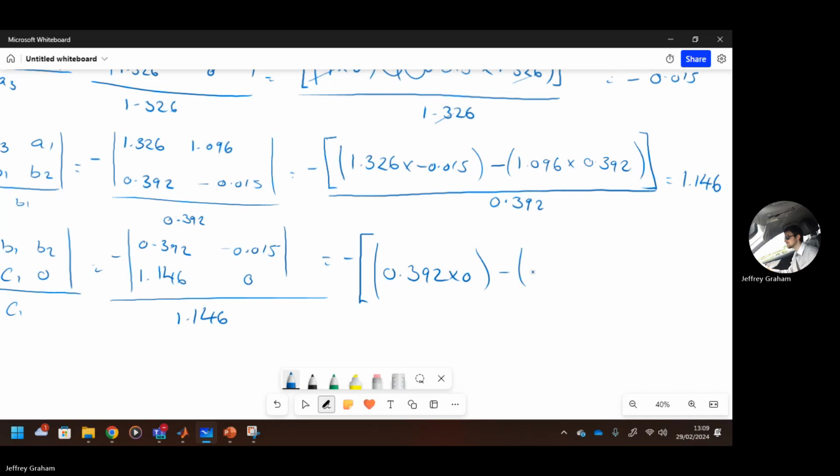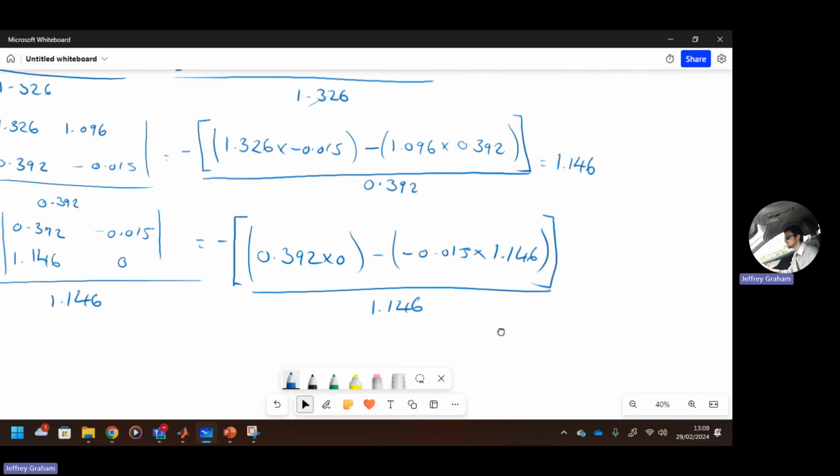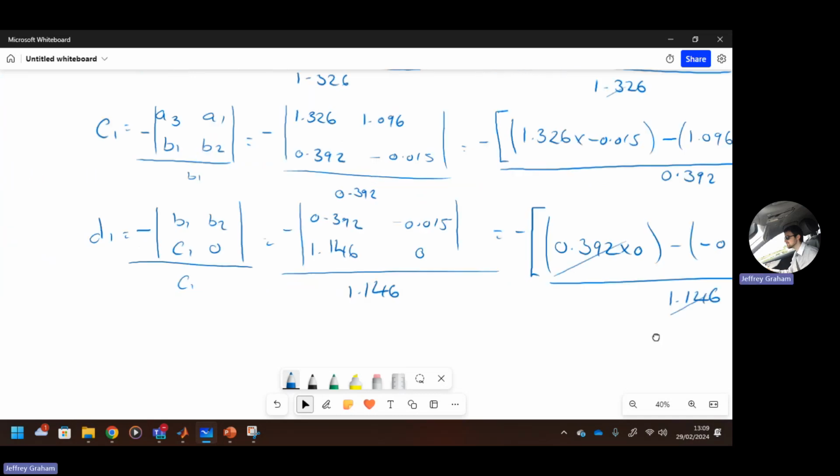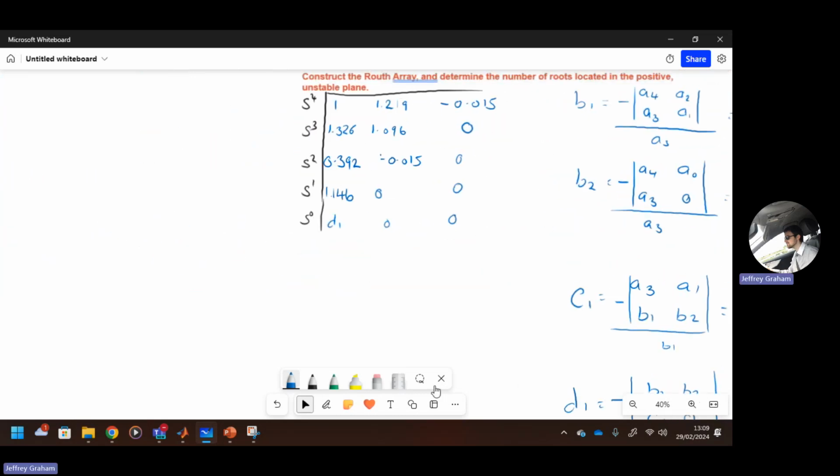Now, minus 0.015 with 1.146, that's all divided by 1.146. So we get minus 0.015 out. It's the same as before, that equates to naught, same on top as we have on the bottom. Minus, minus, minus. Right, insert that into our array, which is over here.